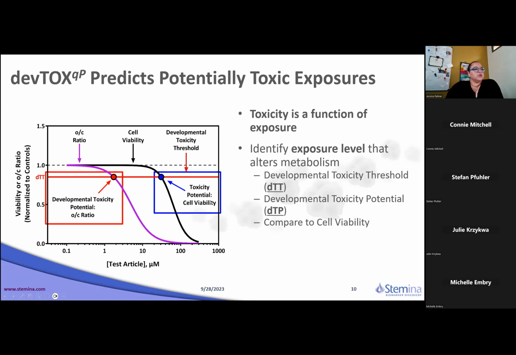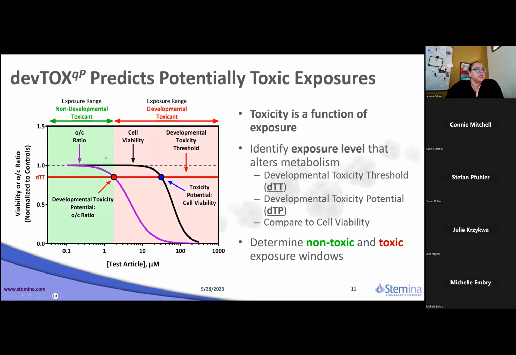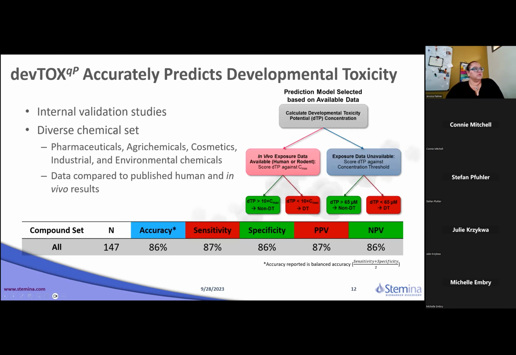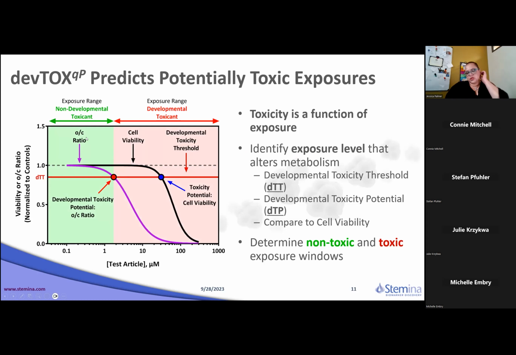And then, like I said, we always look at cell viability in order to understand whether these changes are occurring just because of effects on cell viability, which is still important, but it can impact how you interpret the results. And using this DTP, it really gives you your non-toxic and toxic exposure windows. So anything that is lower than the DTP would be a non-developmentally toxic exposure range, whereas anything above the DTP would be your developmentally toxic exposure range.